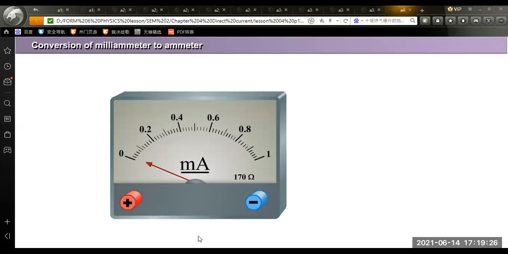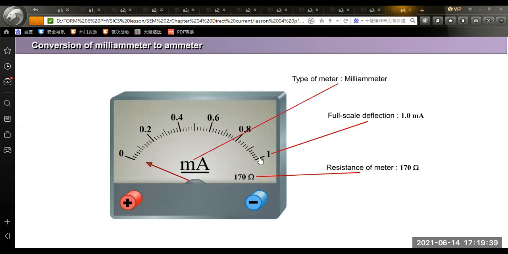let's observe how to convert a milliammeter to an ammeter. Milliammeter, that means this one can only measure up to a maximum of 1 milliampere. Where the milliammeter has 170 ohms.